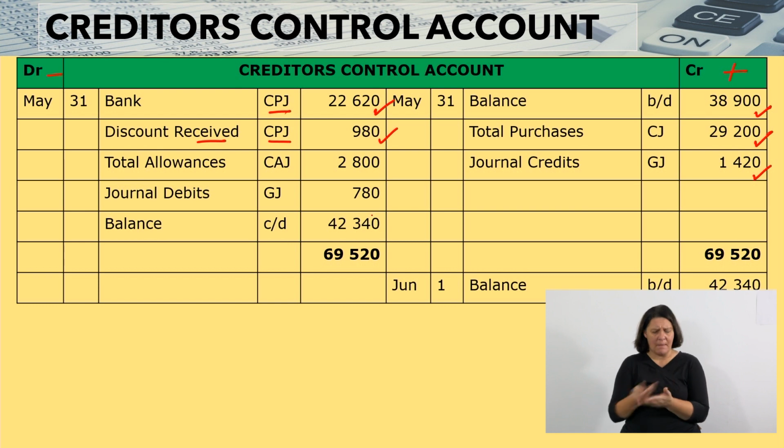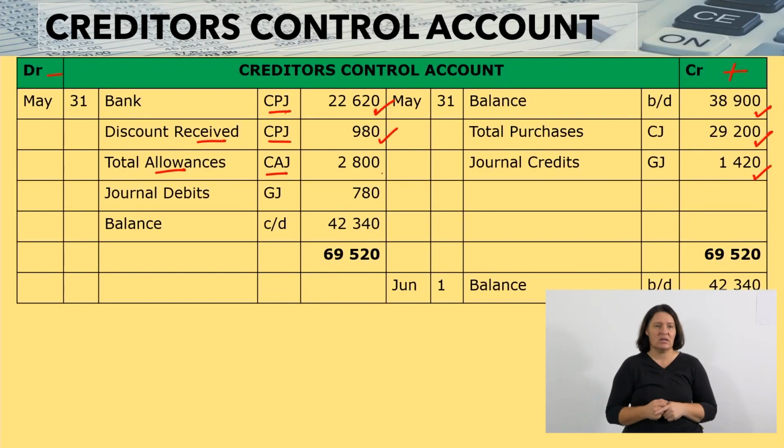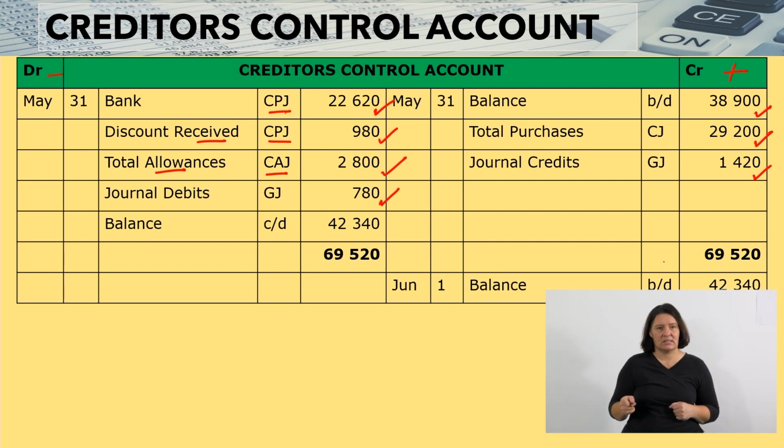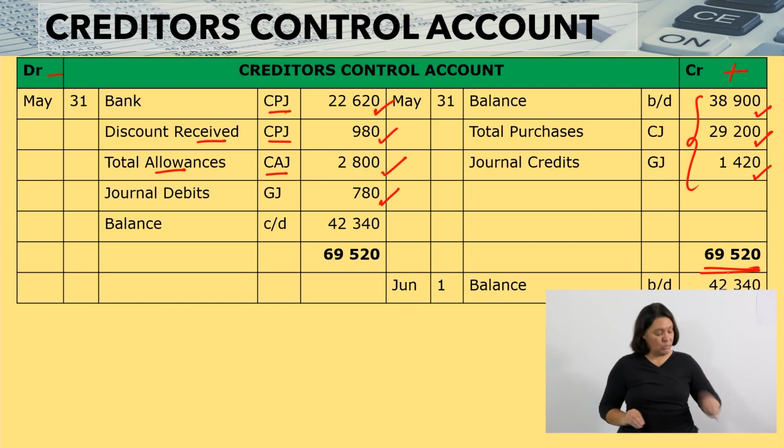Some of the goods that we got from our creditors, we were not happy with them. We returned them. Total allowances, CAJ, 2,800. And we also have our journal debits, 780. To close off a ledger account, you look for the side with the highest amount. In this case, it is your credit side, which gives you 69,520. You have to put the same amount on both sides now. So I will put it as well on the debit side.